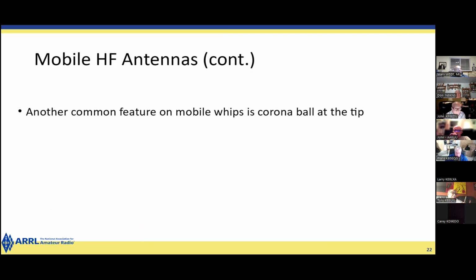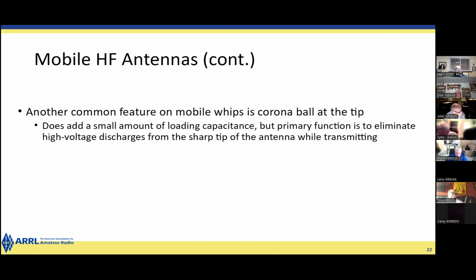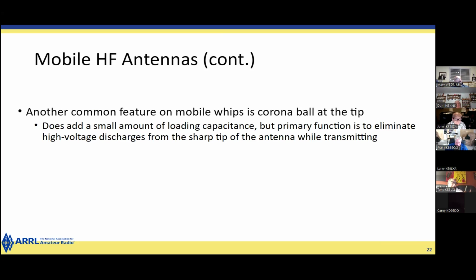Another common feature is a little ball at the tip, which is called the corona ball. It has a small amount of loading capacitance, but its primary function is to eliminate high voltage discharge from the sharp tip of the antenna while it's transmitting.